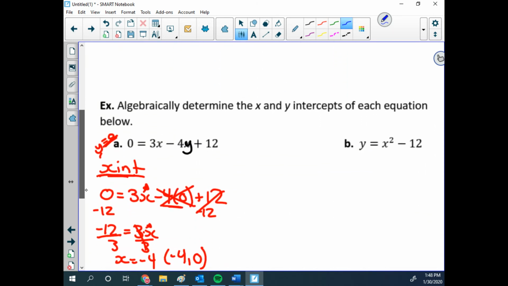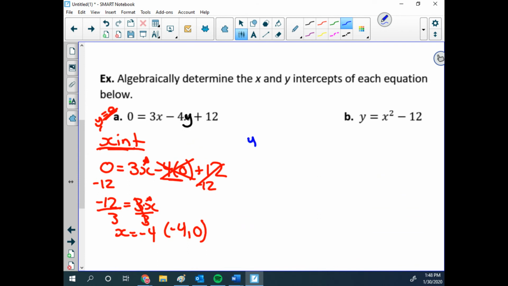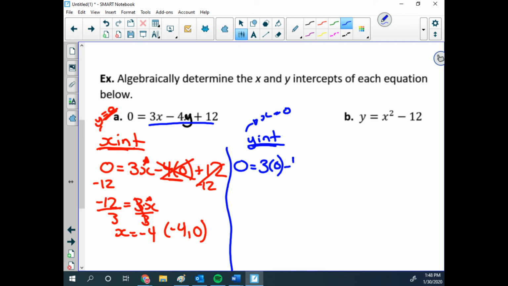If we look at this equation right here, to solve for the y-intercept, we need to make x equal to 0. So I'll go 0 equals 3 times x, which we're making 0 to help me find the y-intercept, minus 4y plus 12. Again, 3 times 0 is 0, so we don't need to include it anymore. I'll subtract 12 from either side.